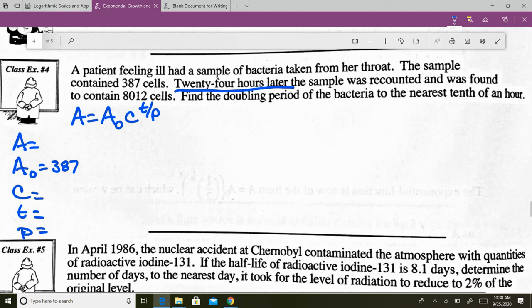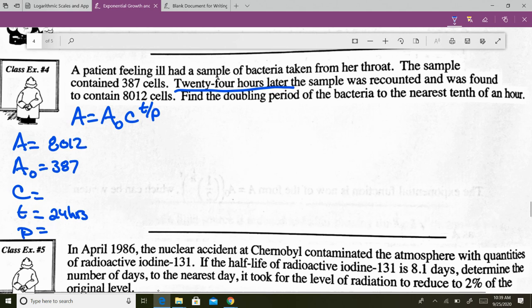Time. T, the time the experiment took. 24 hours. Was recounted and found to contain 8,012 cells. What is 8,012? What letter? A, it's the final amount after a certain amount of time. 8,012.